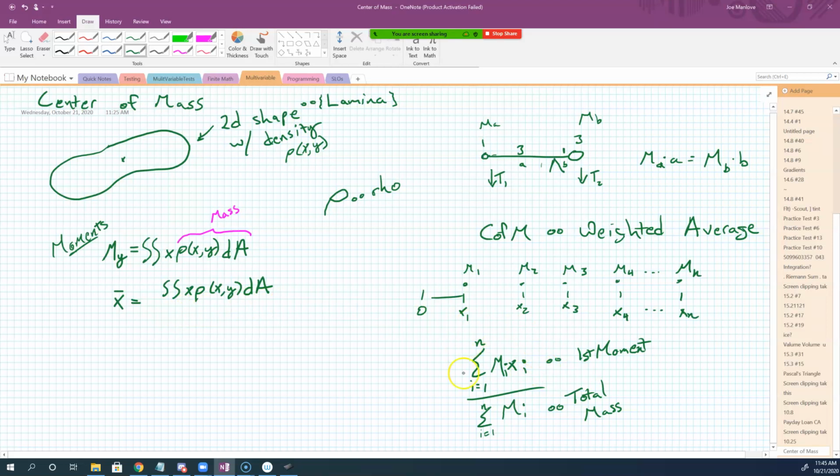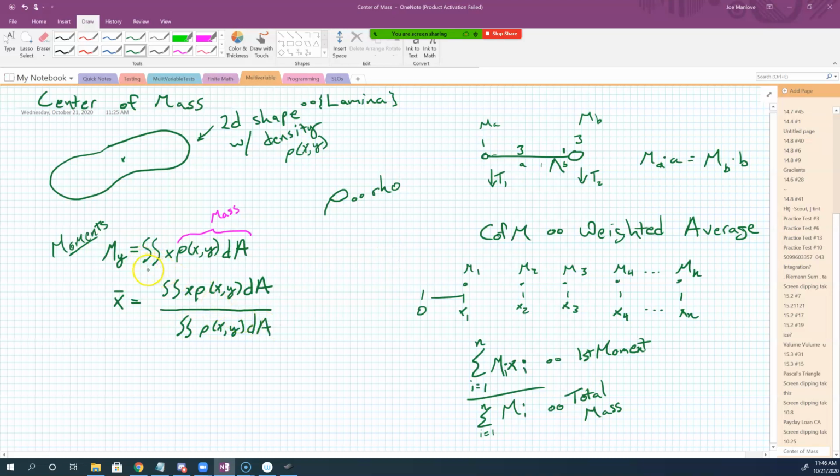Over here I had the moment on top, and then I divided by the total mass. How do I calculate the total mass of my lamina? Integrate your density function. Okay, we're just going to do the double integral of the density function.